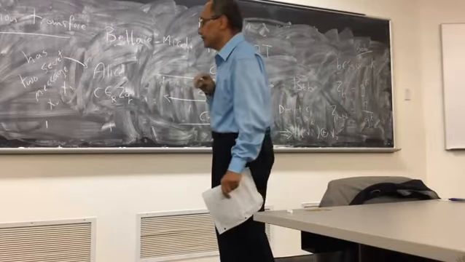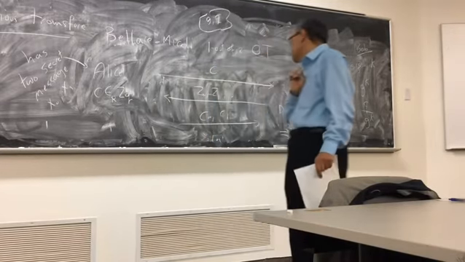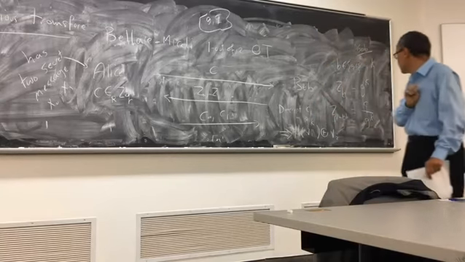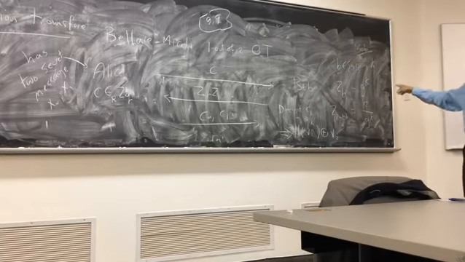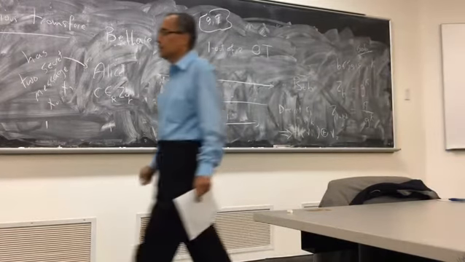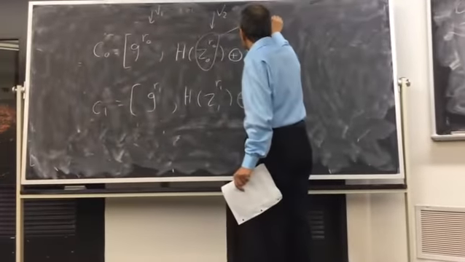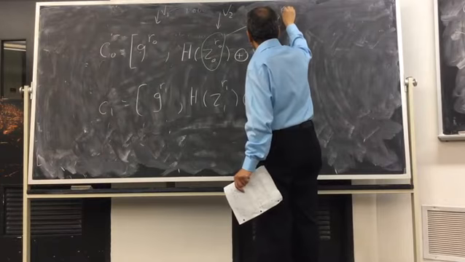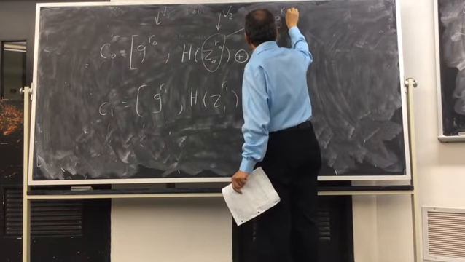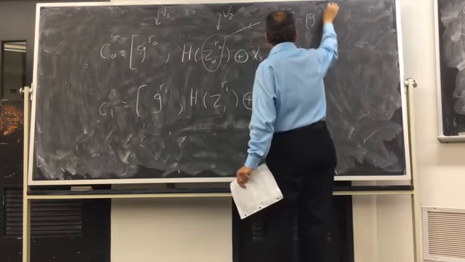So Z0 is equal to what? C over g to the power k, Z0 is g to the power k. So this value is equal to what? g to the power k R0, which is the same as g to the power R0 to the power k.